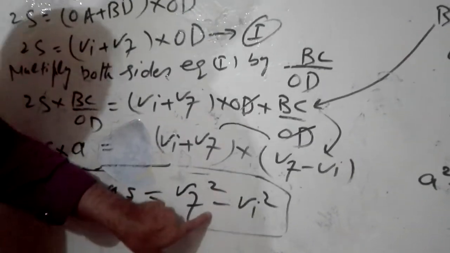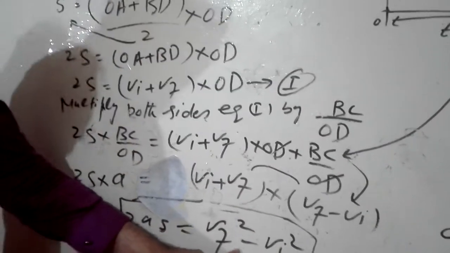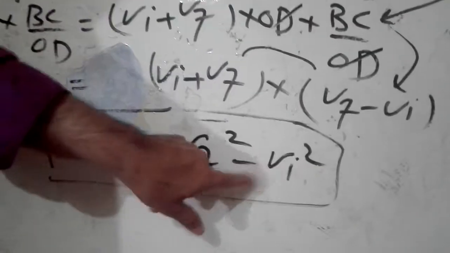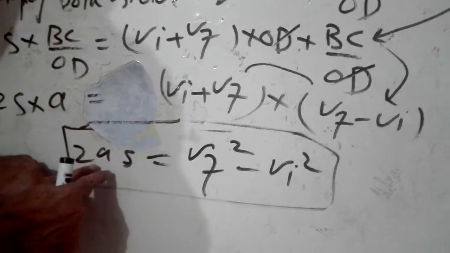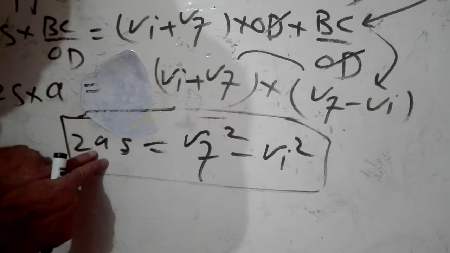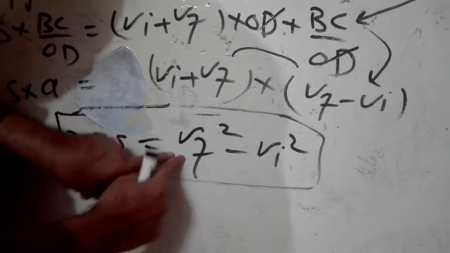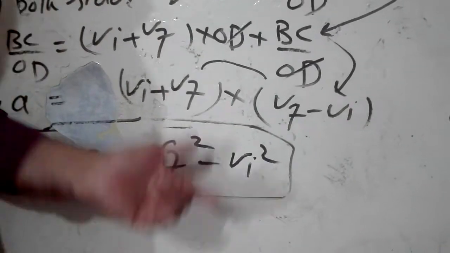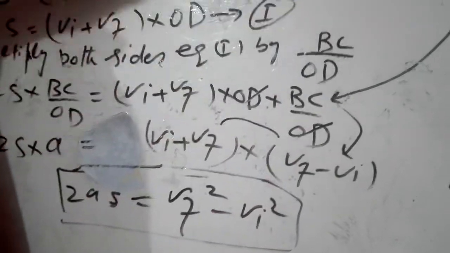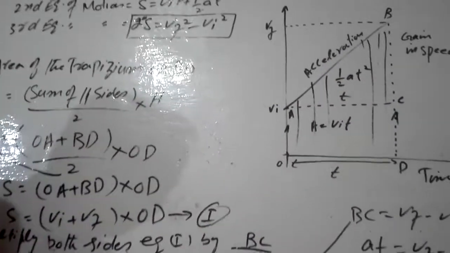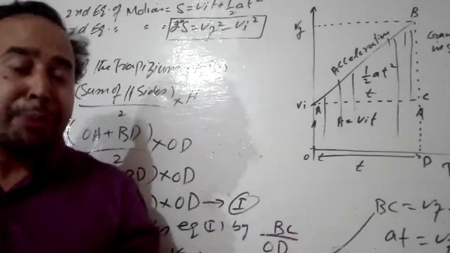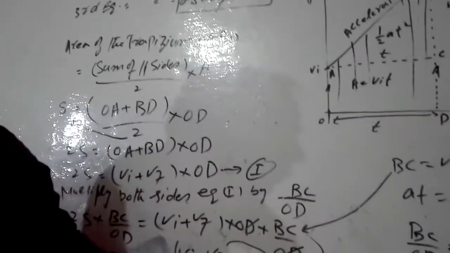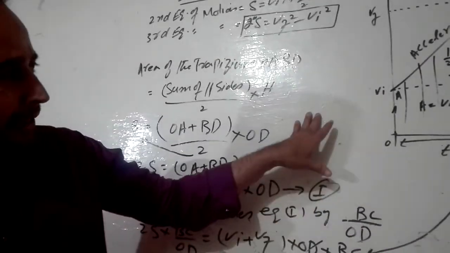This is known as the third equation of motion. Notice that in the third equation of motion there is no mention of time. It shows the relation between acceleration, distance, the final value of velocity and the initial value of velocity. So you have to keep in mind all three equations of motion, because these equations will be used in the solution of numericals. So in this way you have to prove it in your examination. So that's the end of our topic.